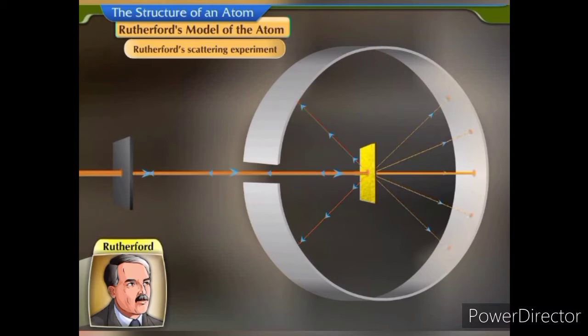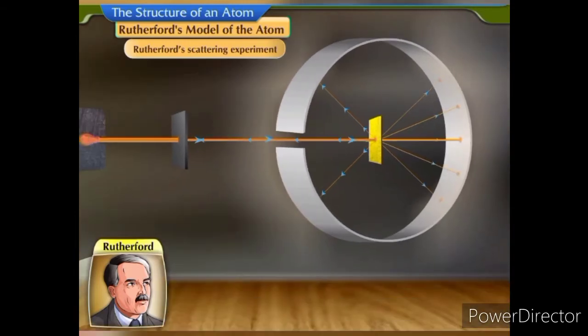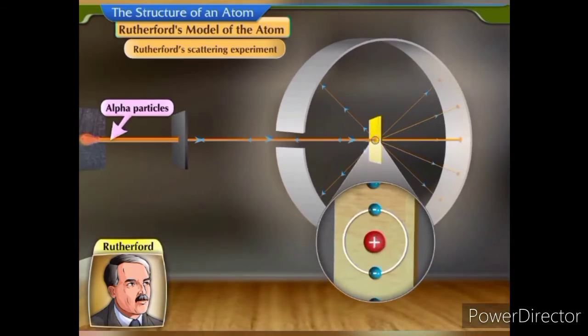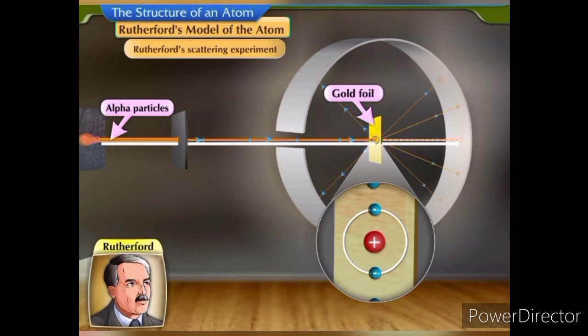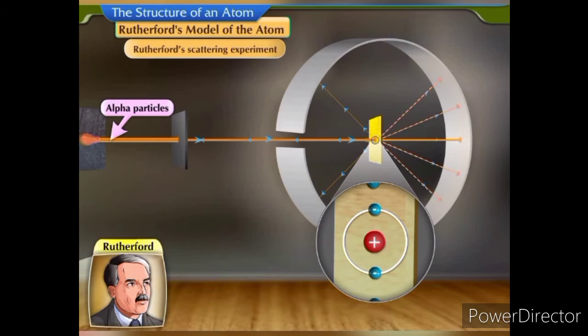From the experiment, he concluded that since most of the alpha particles passed through the gold foil without getting deflected, most of the space inside the atom was empty. Very few particles deflected from their path.